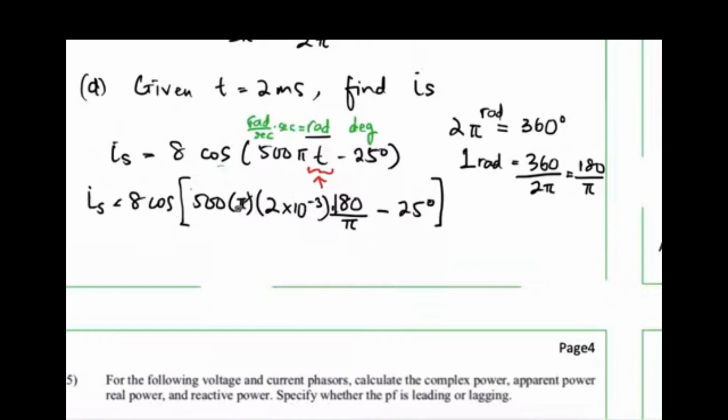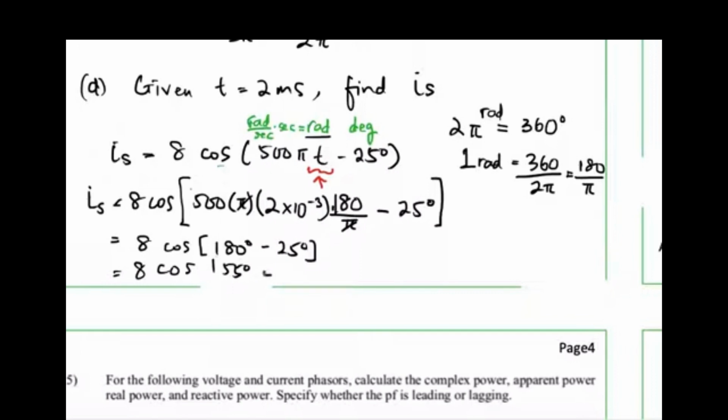So multiply, do the calculations, and you will get 8 cosine(180 degrees minus 25). What is 180 minus 25? That gives you cosine 155 degree.